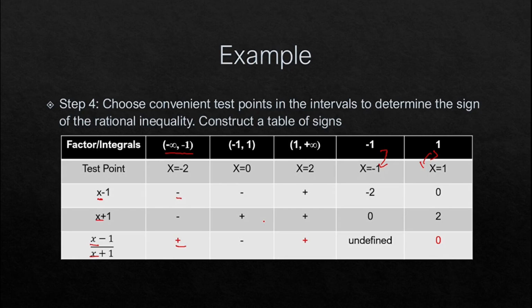And it's greater than or equal, kasi equal, ibig sabihin, 0 is also included. So, nahanap natin na ang factors na falls in line with this is negative infinity to negative 1, negative 1 and positive infinity, and 1 itself.